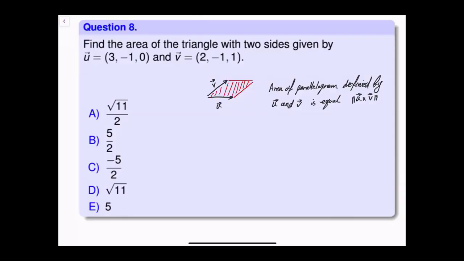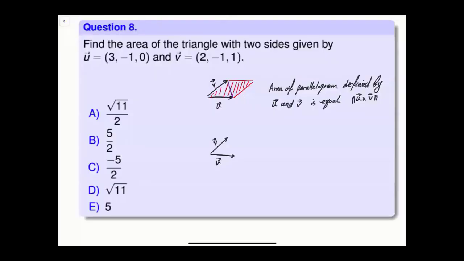That's actually one of the geometric interpretations of the cross product. But when it comes to the triangle defined by these two, what you need to notice is that the triangle defined by u and v has exactly half of the area of the parallelogram defined by u and v.